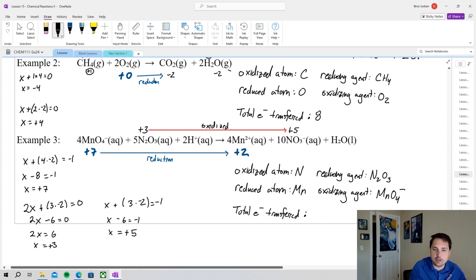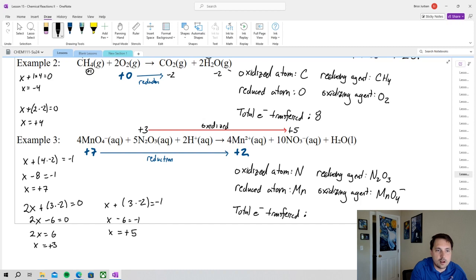So now if we want to look at how many electrons are being transferred, well, it's a little tricky. There are 4 MnO4- species here. And assuming this is correctly balanced, I don't think I double checked it, but it looks right.